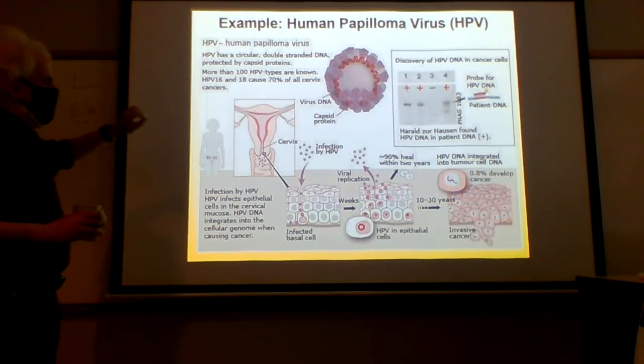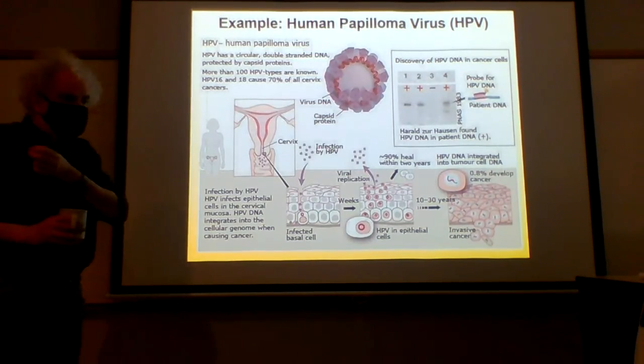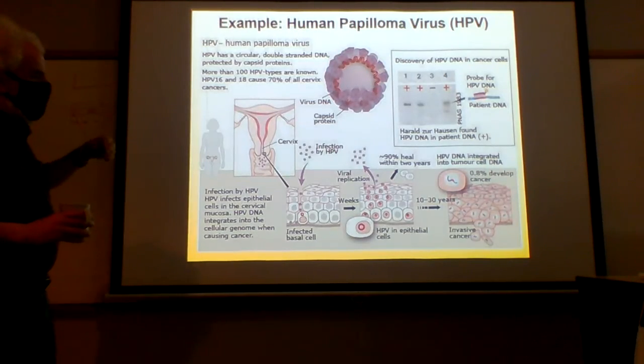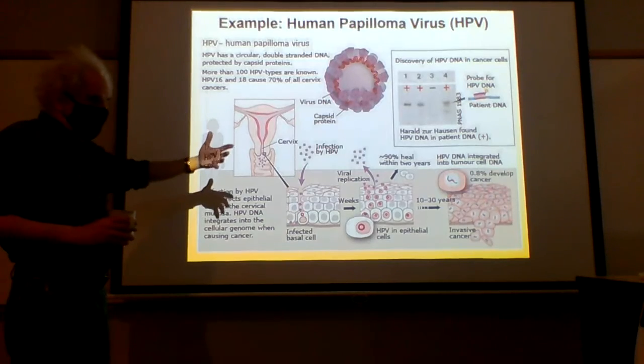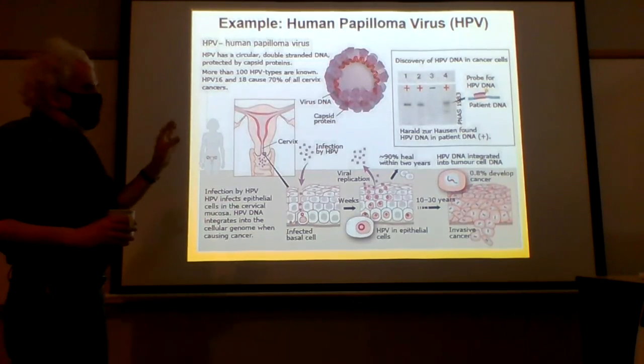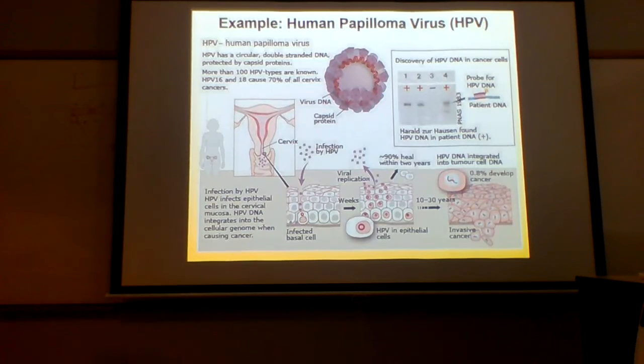The DNA of the virus integrates into the cellular genome, and those infected cells begin to carry out viral replication, and then over time, they can probably make the cell a little bit more sensitive to other kinds of mutagens, so that you're now more susceptible to all the stuff we have in our environment, and you can begin to get cervical cancer.